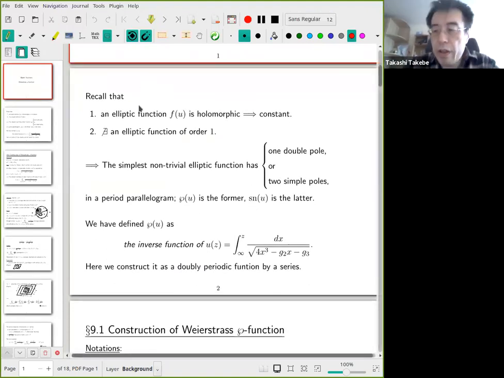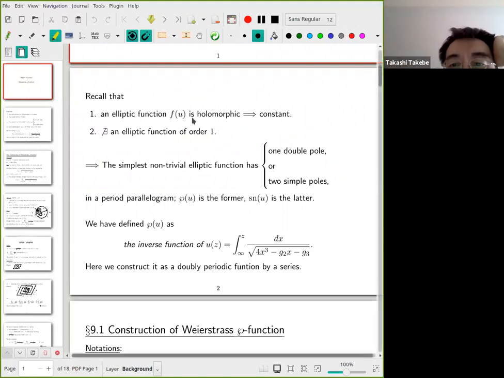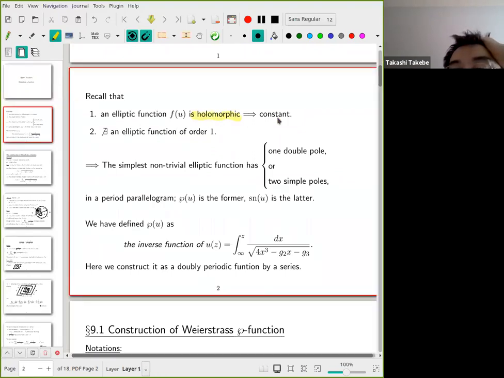Let's recall that a holomorphic elliptic function is constant, and there is no elliptic function of order 1.